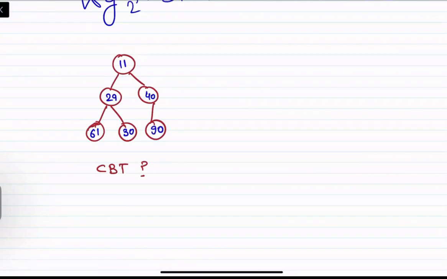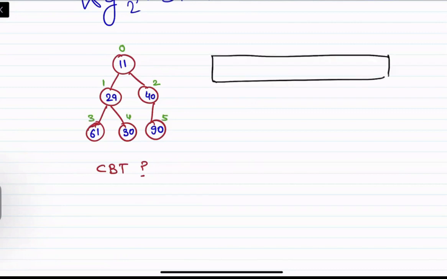Now, if this is CBT, can I just give them indices 0, 1, 2, 3, 4, 5? And can I represent this CBT also as an array? Because we are not missing anything in between.